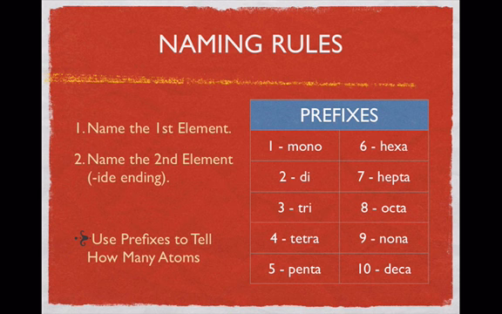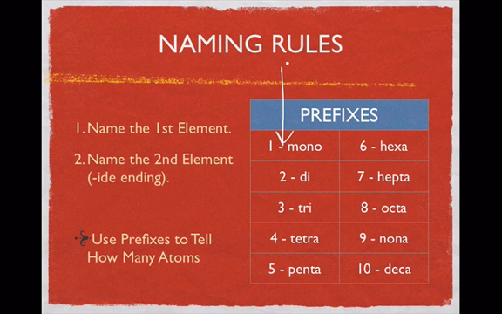So with covalent compounds, because there's not set charges on these things, we're going to have to use prefixes to tell how many atoms of each type of element that we're using. So it's really important that you write down those prefixes that are right here in this table and you know what they are. The only one you need to know that can be a little different is mono.